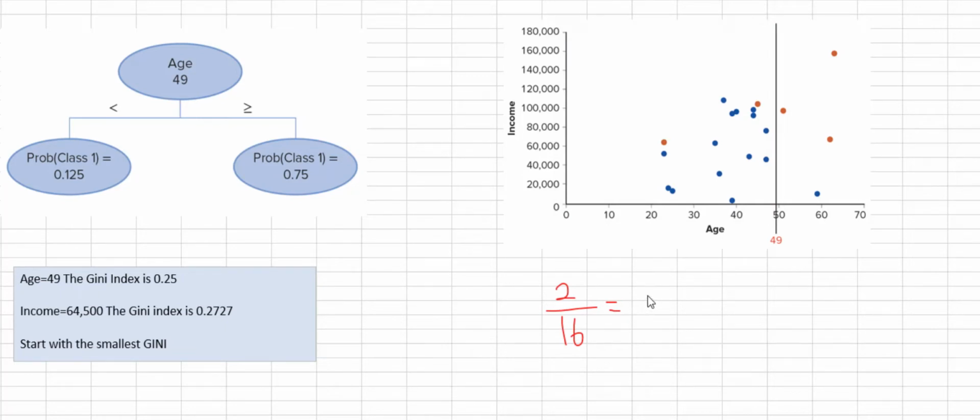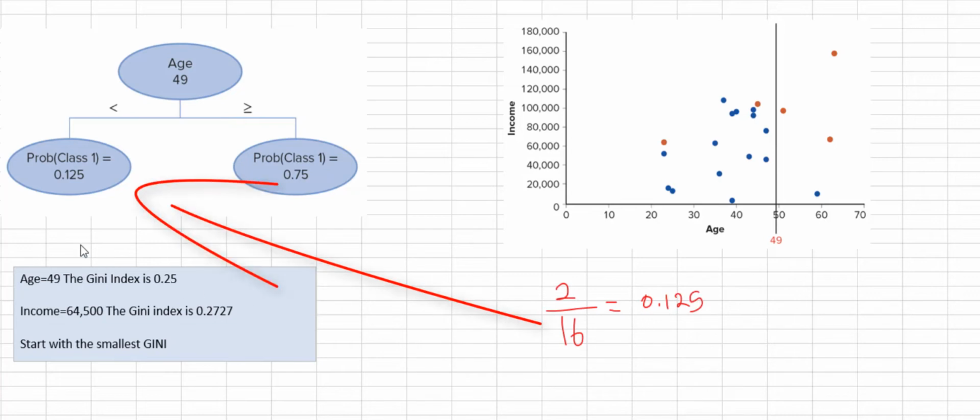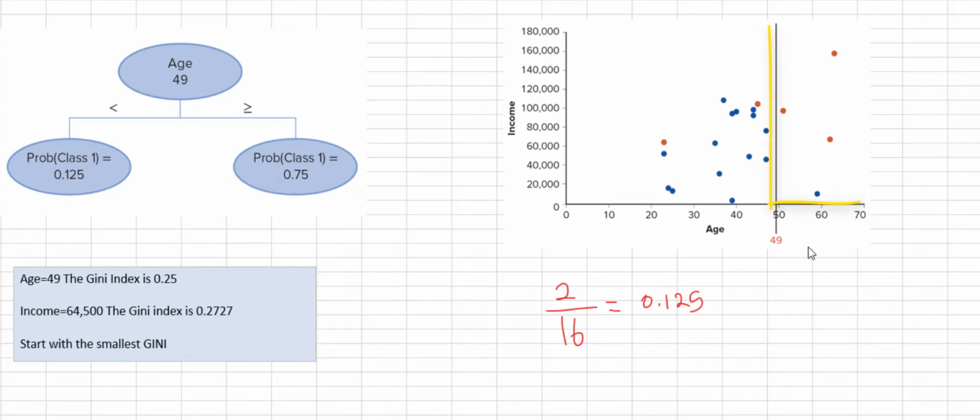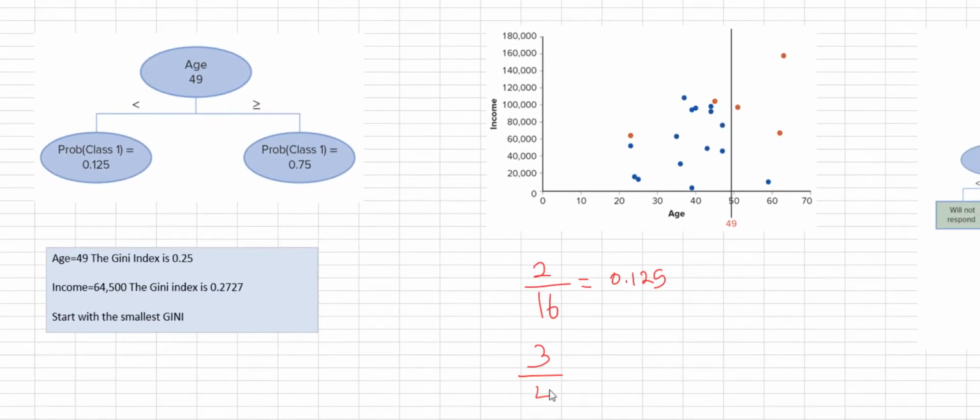Therefore, 2 over 16, which is equal to 0.125, is the probability for the left branch. And now when the age is greater than or equal to 49, we have 3 cases responded to the HELOC offer out of 4. Therefore, the probability of class 1 is 0.75.